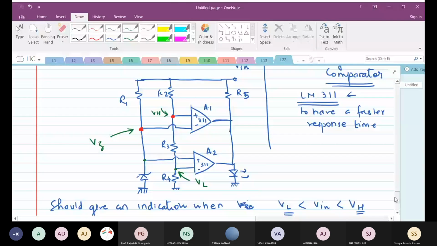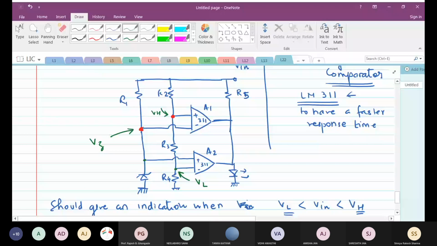If your input voltage Vin is less than Vz, what is going to happen? Guys, are you there with me? Yes, sir.